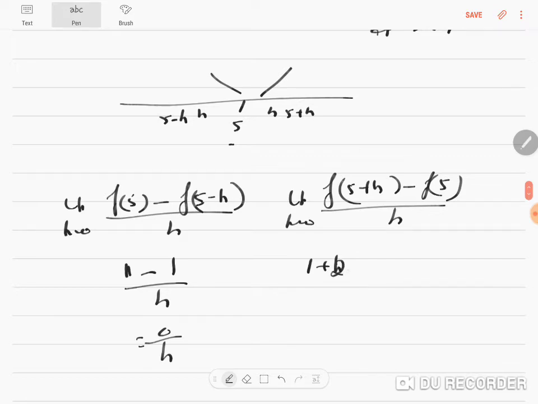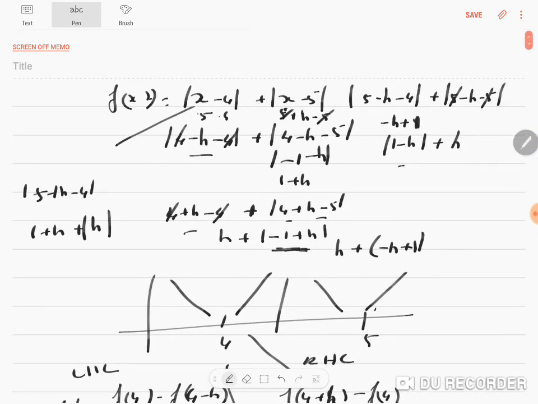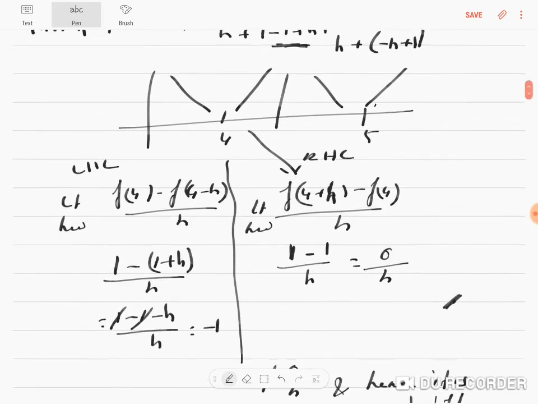So will it be 2h? 1 plus h plus mod of h is 1 plus 2h. That will be the answer for this, and f of 5 itself is 1. So 1 and 1 get cancelled, h and h get cancelled, you get 2. Is it right? Have I made any mistake? 5 plus h minus 4 is 1 plus h, 5 plus h minus 5 is just h, 1 plus 2h.